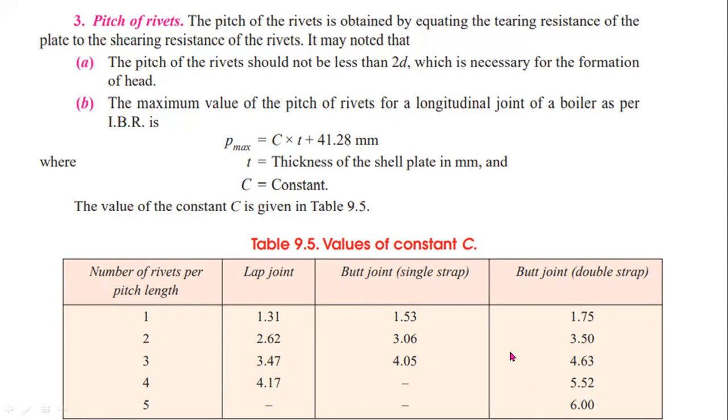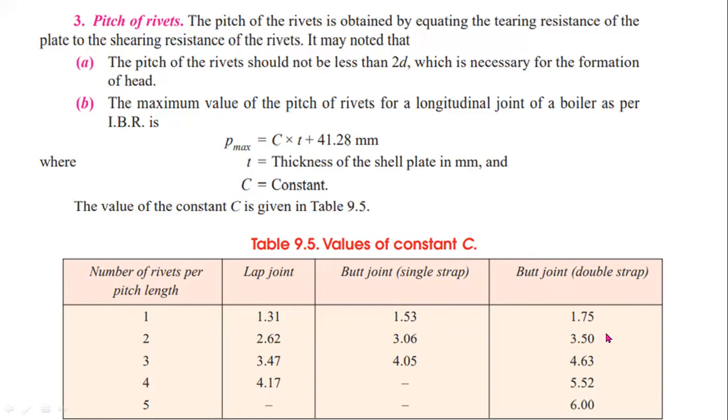Now, for a single riveted single strap butt joint, you have to consider 1.53. For a double riveted single strap butt joint, 3.06. For a triple riveted single strap butt joint, 4.05. In a similar way, single riveted double strap butt joint, 1.75.